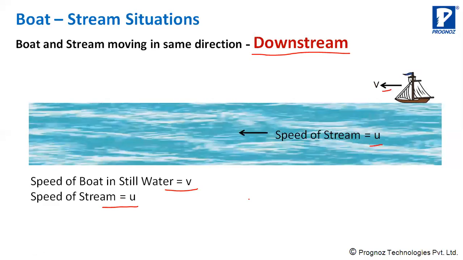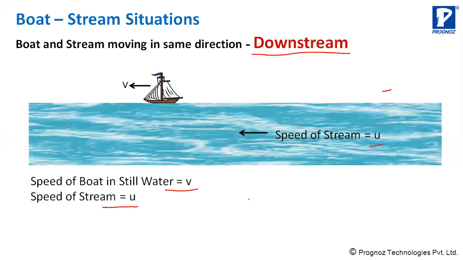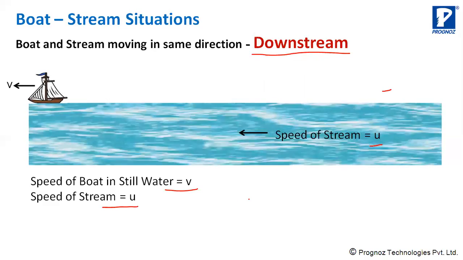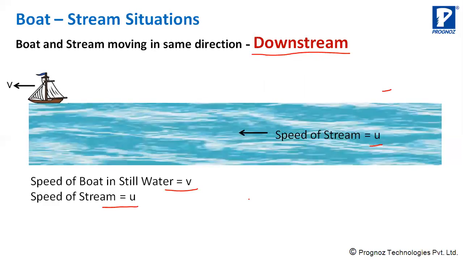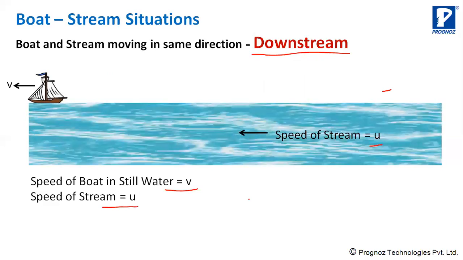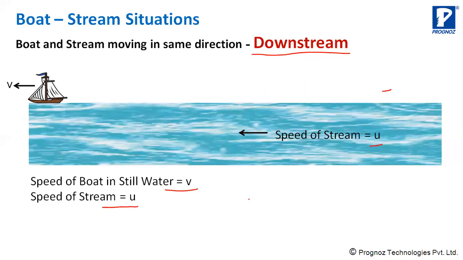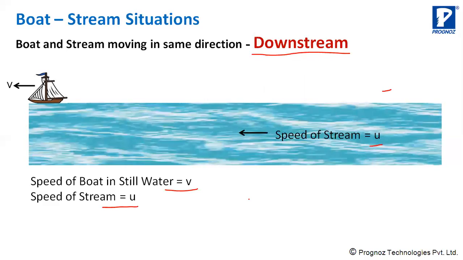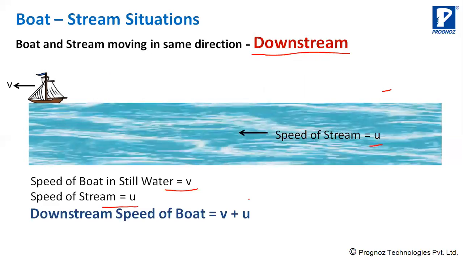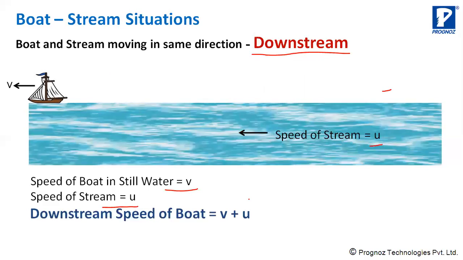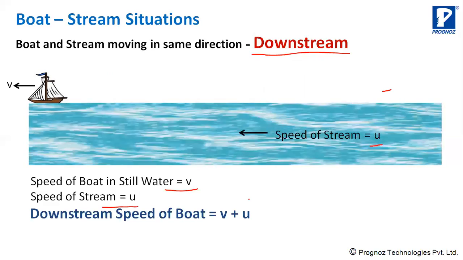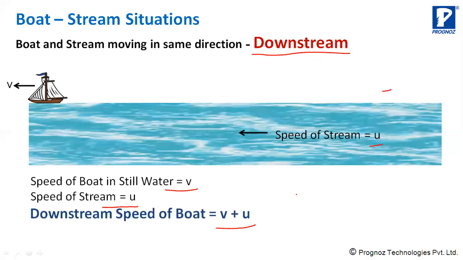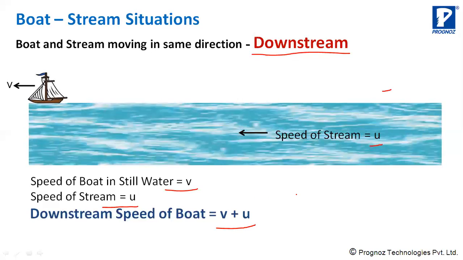If we see how the boat travels, what will be noticed is that the speed of the boat is v, but actually it will travel at a speed faster than v, because its movement is supported by the speed of the stream also, as both are in the same direction. This speed is called the downstream speed of the boat, which is equal to v plus u. That is, it is equal to the speed of the boat in still water plus the speed of the stream.